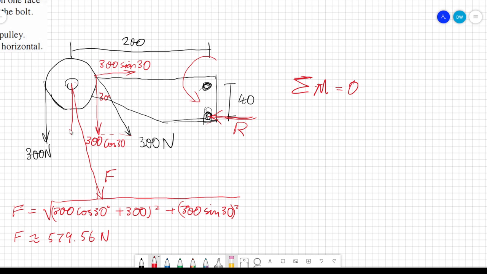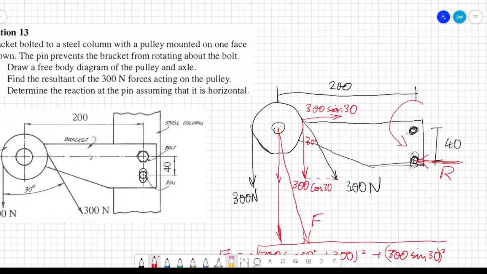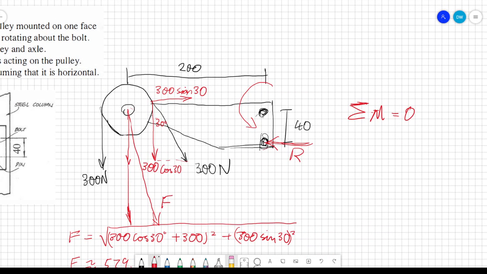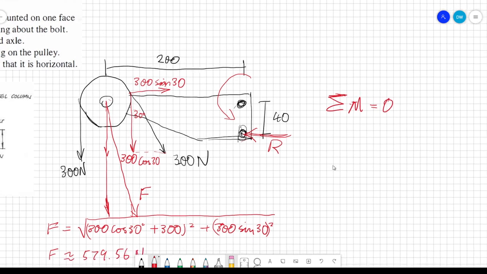The downward force is just the sum of these two. The 300 times sine 30 is acting towards the pin here, so it doesn't actually generate any moment. The only things that generate moment are the two vertical components.